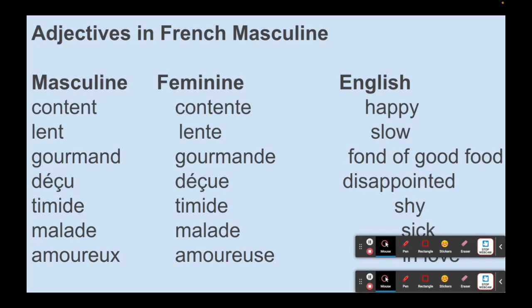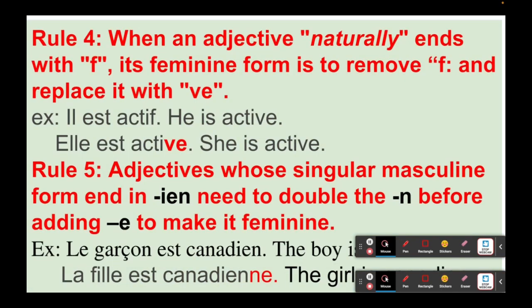Amoureux ends with an X. Amoureuse, the female: we removed the X and replaced it with SE. So these are the three rules. Add an E for most of them. Keep the E: if the masculine ends with an E, the feminine will stay the same. And if it ends with an X, we replace the X with an SE.